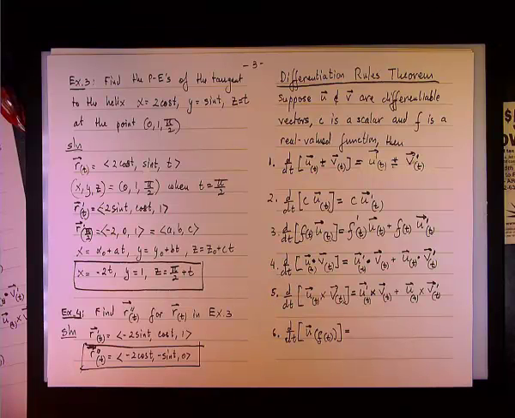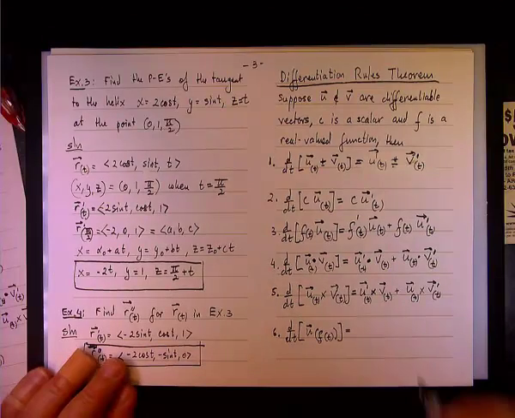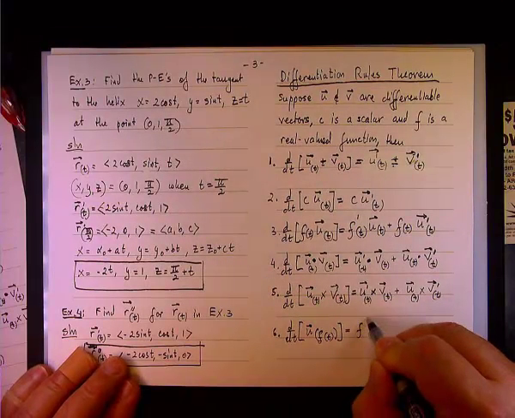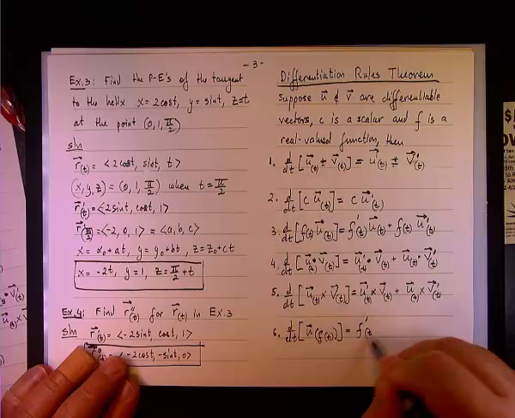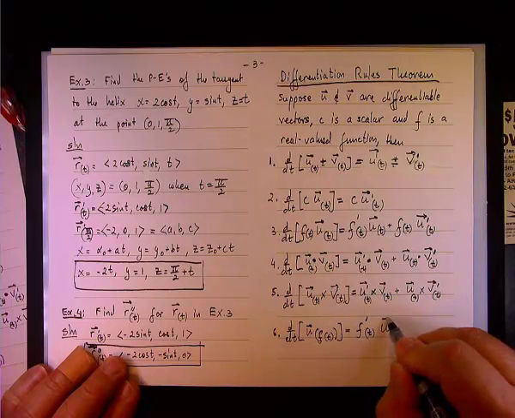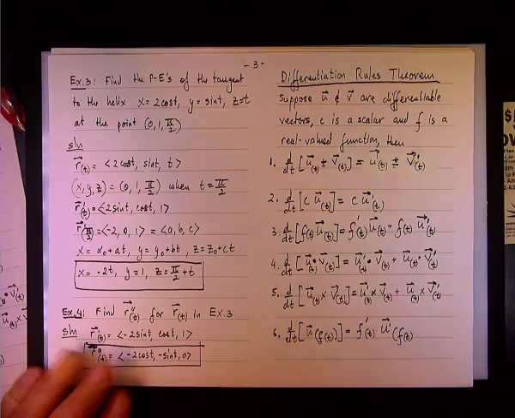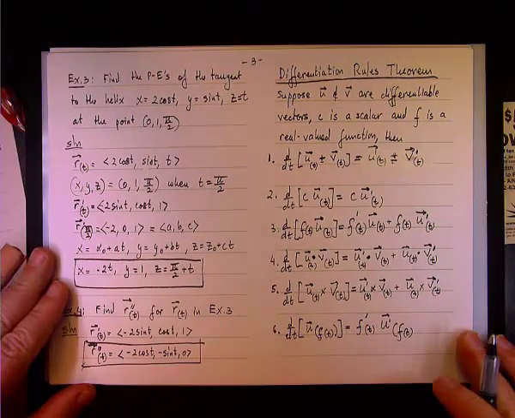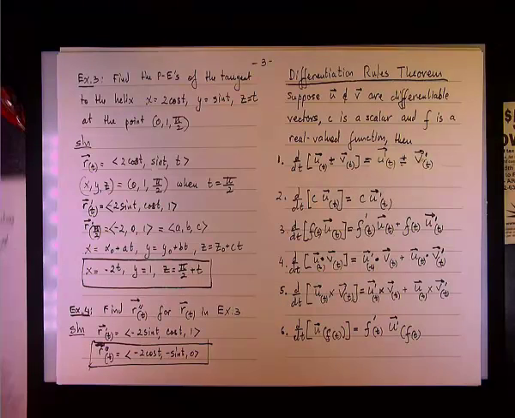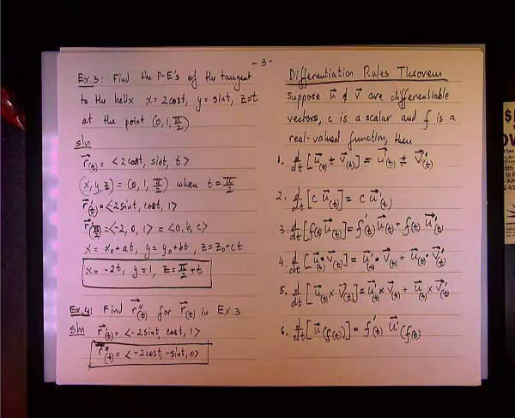In real valued calculus, we had du/df times df/dt. Remember that this is commutative, so we could have written it as df/dt times du/df, or f prime times u prime, and that's exactly what we'll have here. It will be f prime of t times u prime of f. Those are the 6 rules.